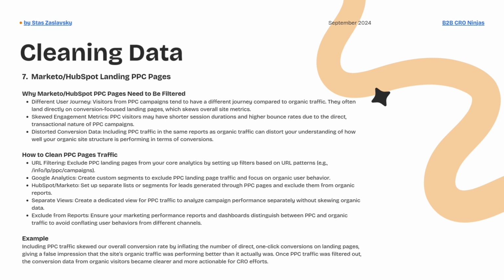To clean this data, use URL filtering to exclude PPC landing pages or create custom segments in Google Analytics. In HubSpot or Marketo, set up separate lists for leads generated through PPC and exclude them from organic reports. This way, you can analyze PPC and organic performance separately and avoid conflating user behaviors from different channels.